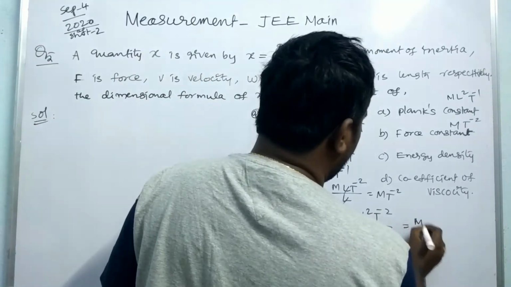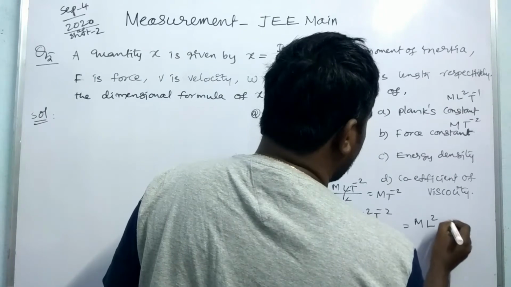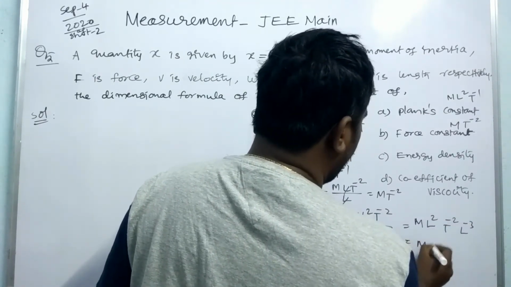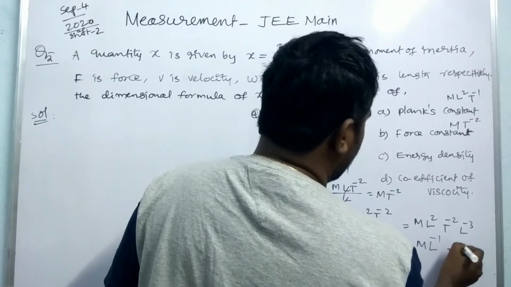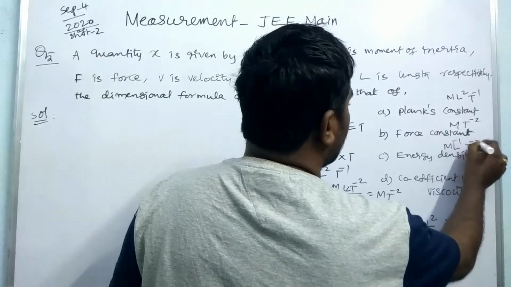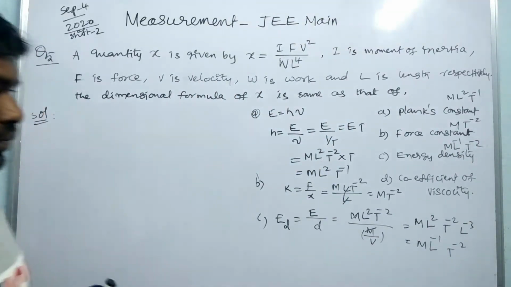So here M L2 T minus 2 times L minus 3. It is equal to M L minus 1 T minus 2. Here M L minus 1 T minus 2. That is the energy density.